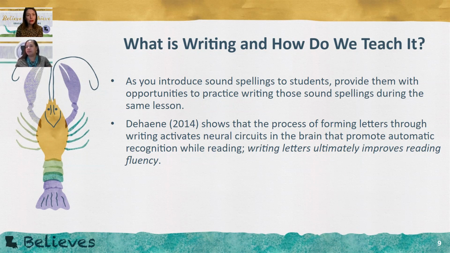So not only are you supporting encoding with automaticity, you're also reinforcing decoding with automaticity, because as students write, it's almost like it imprints on the brain and they're able to recognize it much more rapidly when they see it in text. So writing letters ultimately improves reading fluency.